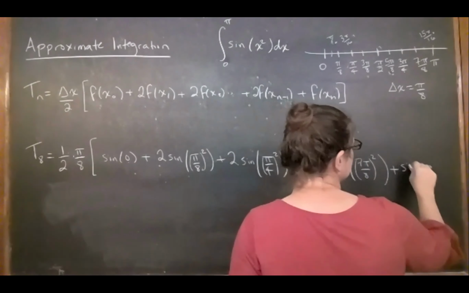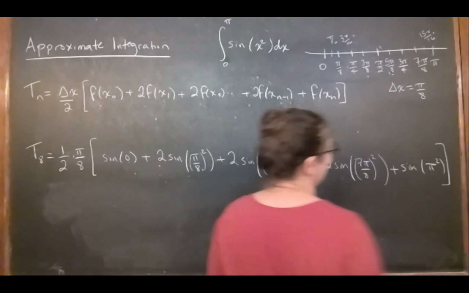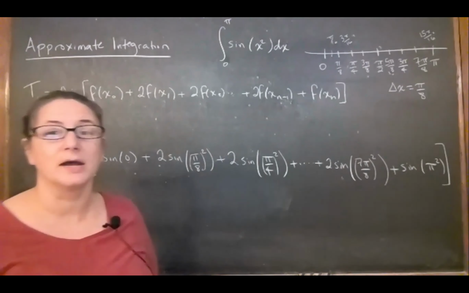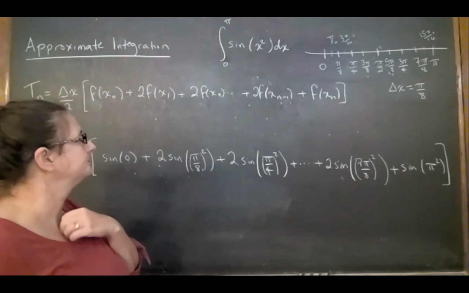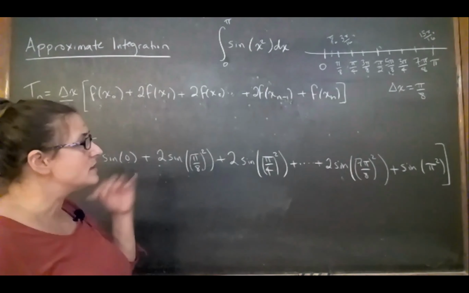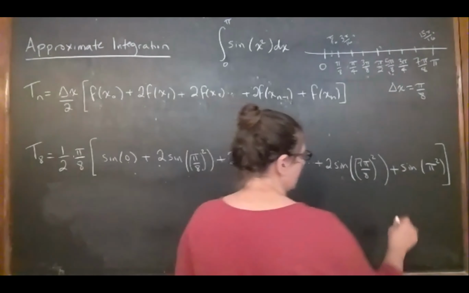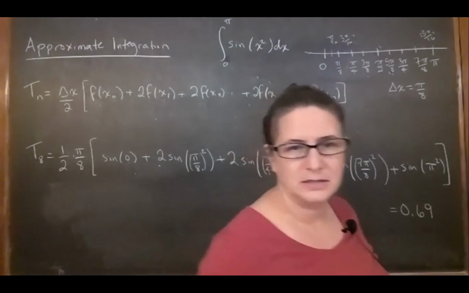And then finally, sine of pi squared is my last point. Mind you, it's not sine of pi, so it's actually not 0. Sine of 0 is 0, but it's sine of pi squared, so it's some other thing. And then when I actually add all this stuff up, I get 0.696903.